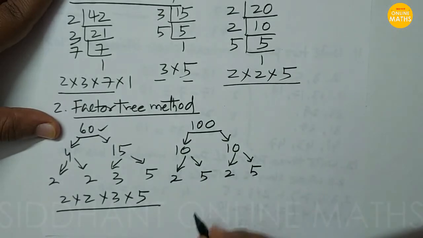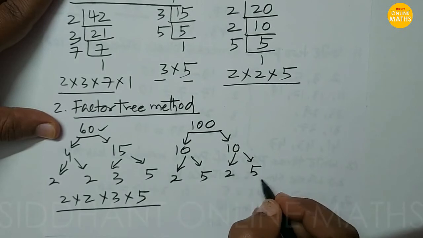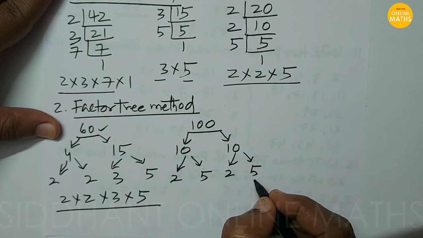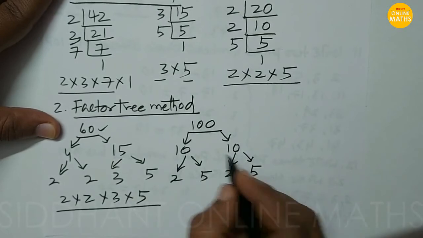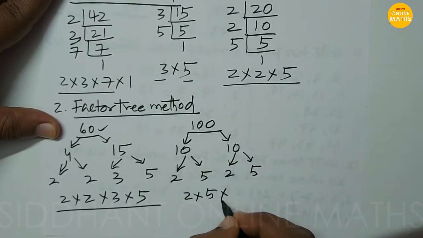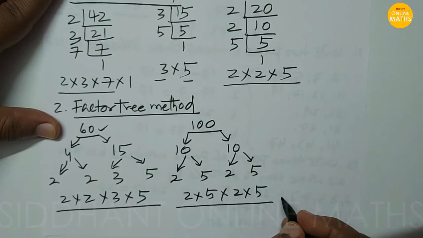Now we got the numbers 2, 5, 2, 5, and these are prime numbers, which can't be segregated again, and the product of these prime numbers gives 100. So this will be 2 into 5 into 2 into 5. So you got the prime factorization of 100.